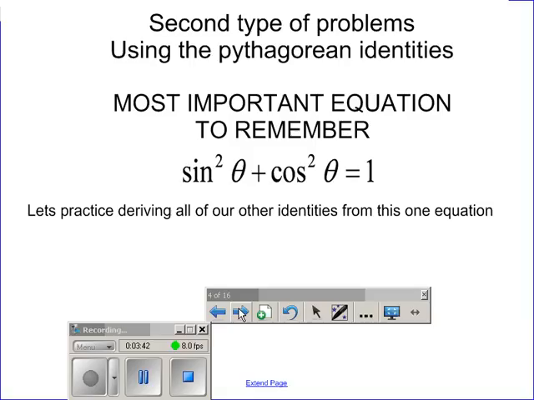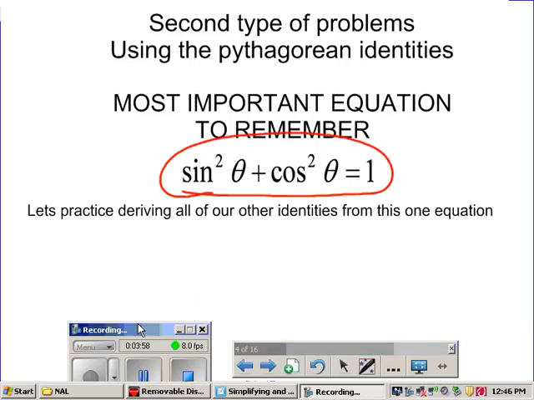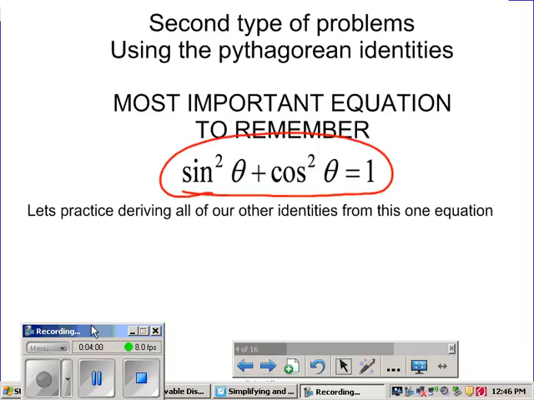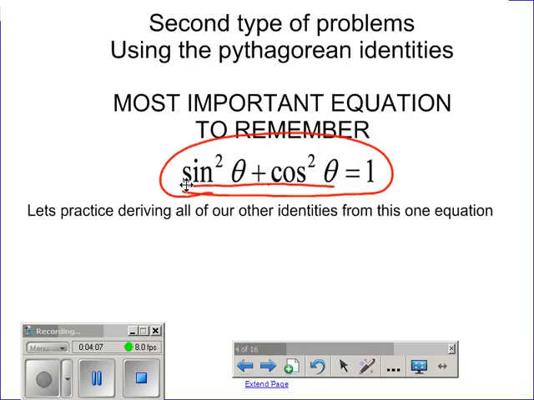Now the second type of problem is using the Pythagorean theorem identities. This is key. As you've heard me say all week, understanding this equation is very important. Let's practice deriving all these other identities from this one equation. First, let's look at how I could rearrange sine squared theta plus cosine squared theta equals 1 so that I could solve for just sine or just cosine.